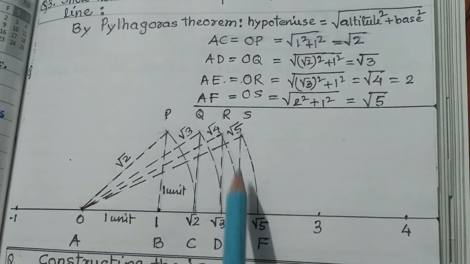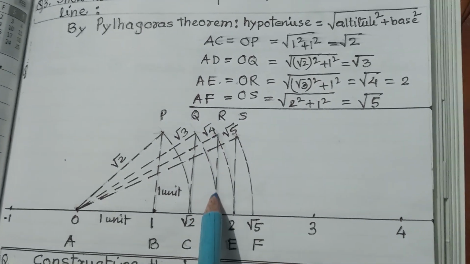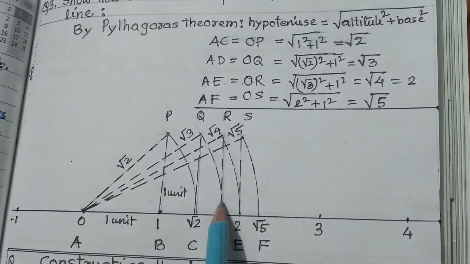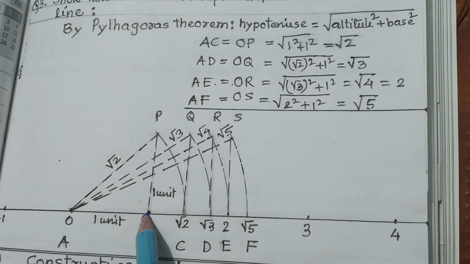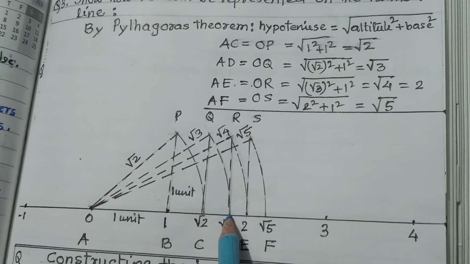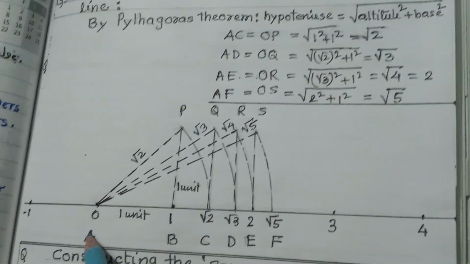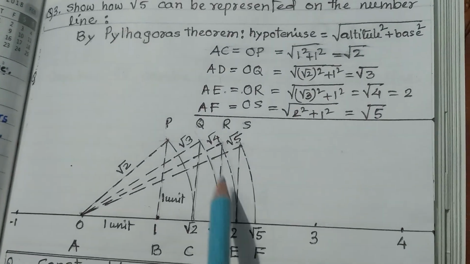Next, at root 3, you draw again a perpendicular line, taking 1 unit, the same as before, with a scale or with a compass. Now from A to D it is root 3 and the perpendicular is 1.